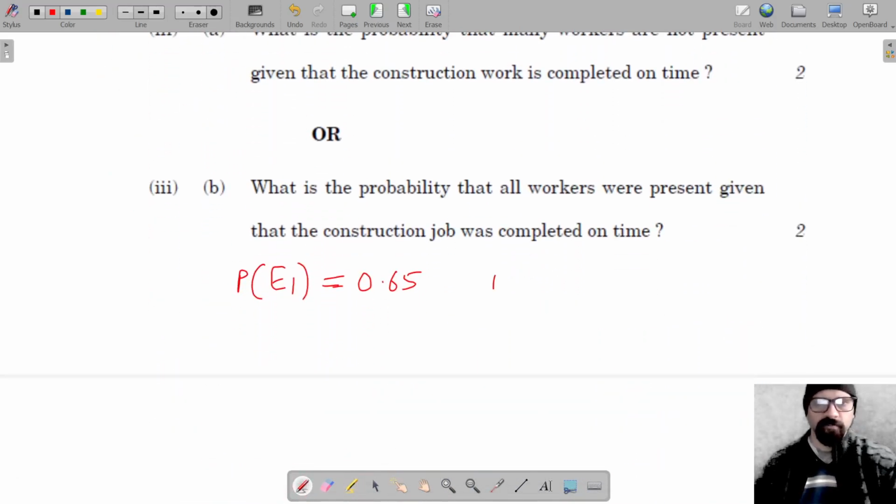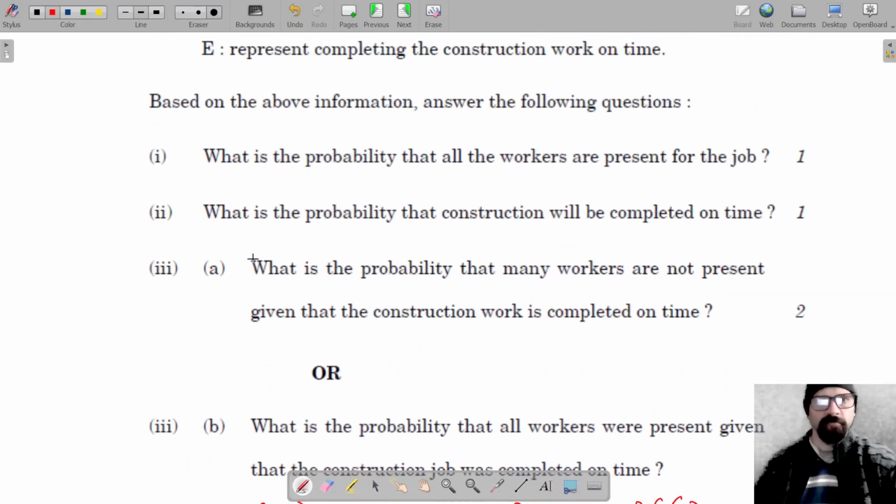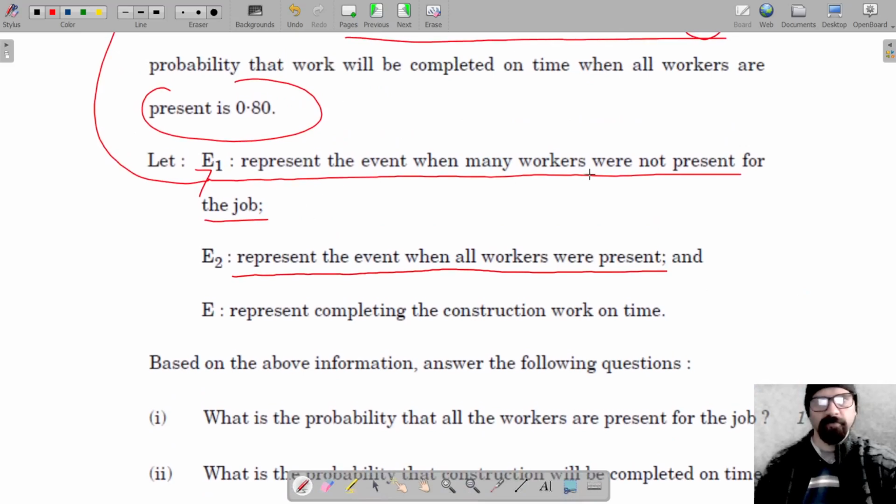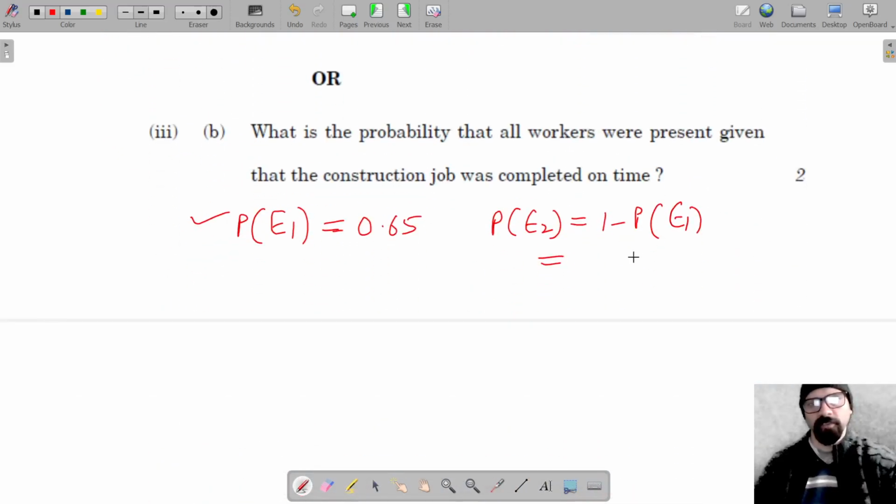So the probability of E2 is 1 minus the probability of E1, because E1 is the event when many workers were not present and E2 is the event when all the workers were present. So the probability of E2 is 1 minus 0.65, which is equal to 0.35.